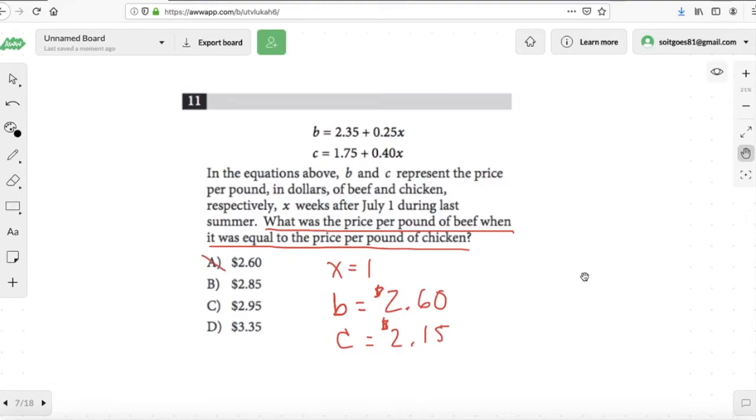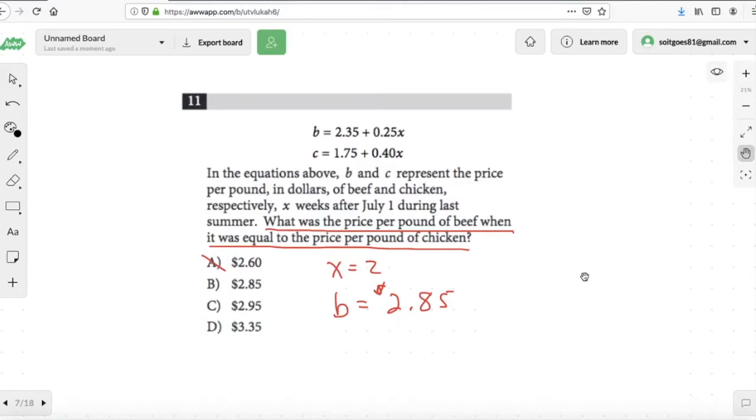Okay, great. All right, so let's try 2. Let's make x equal 2. So when x is 2, what's the beef price? $2.85. I can do that in my head, right? It's just $2.35 plus 50 cents. That's $2.85. I used to work at Starbucks, and I used to work the cash register, so I've got my change counting skills.